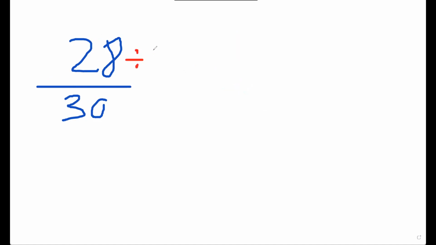So let's say I have 28 over 30. Let's say we don't know what the GCF is. I'm going to divide top and bottom by 2. 28 divided by 2 is 14. So you must know how to divide in order to do these fractions. If not, you want to review your division. If you need division worksheets, feel free to reach out.